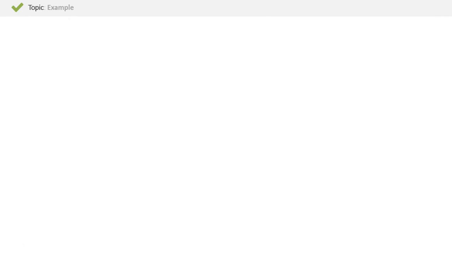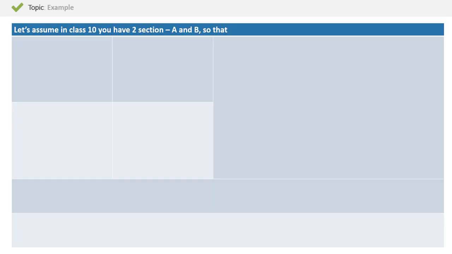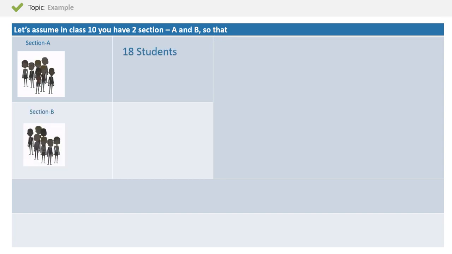Now let's take some more examples. Let's assume in class 10 you have two sections A and B, so that section A has 18 students. However, section B has 27 students.